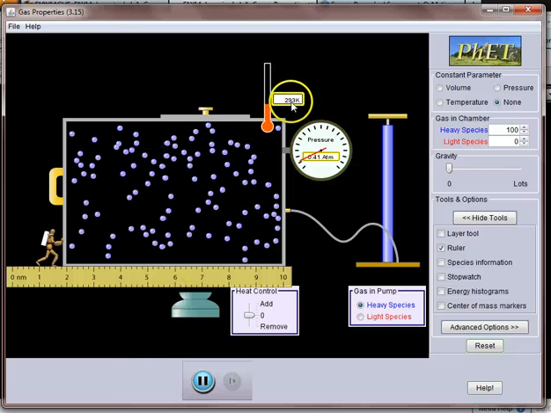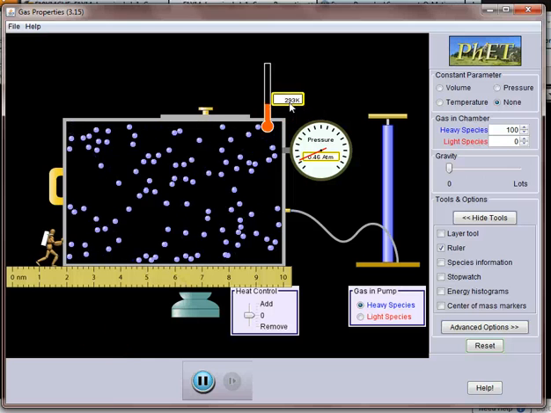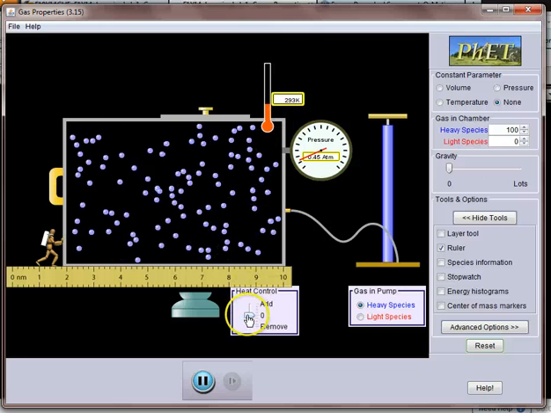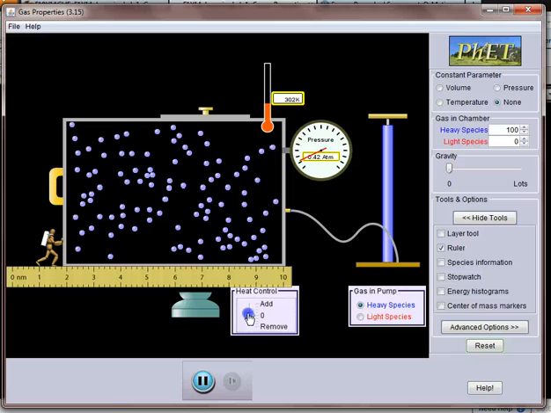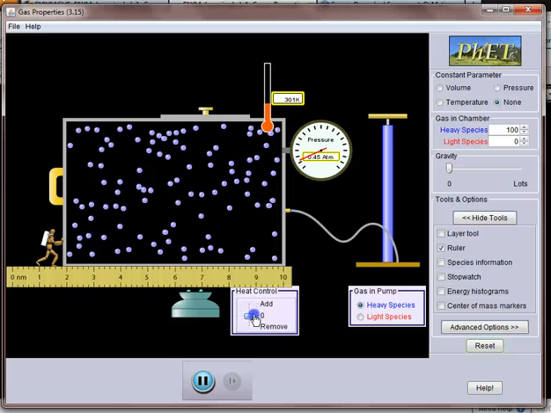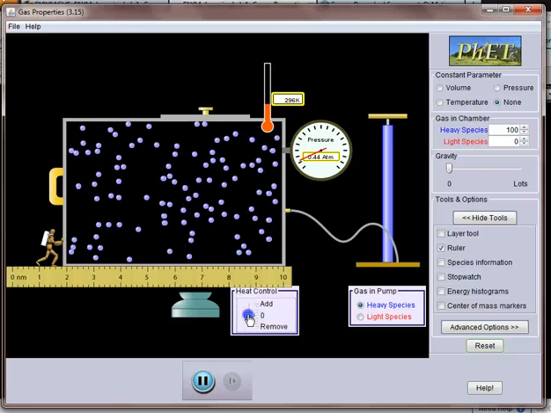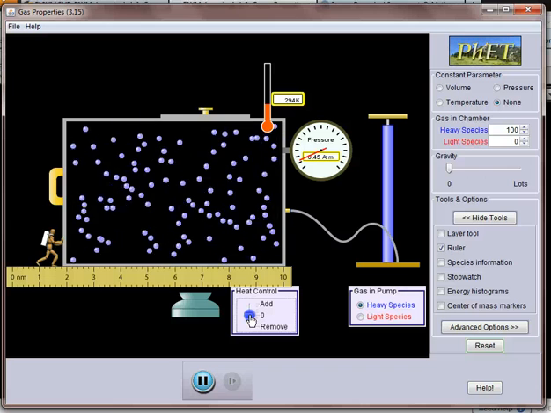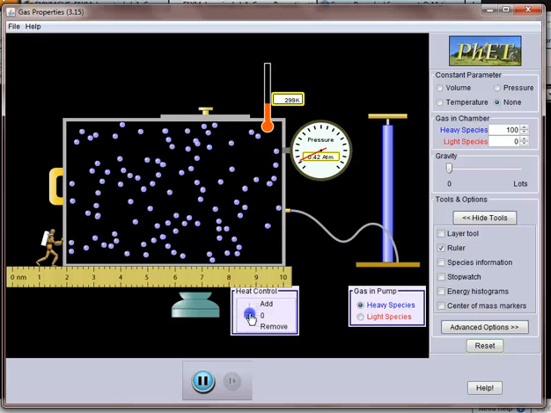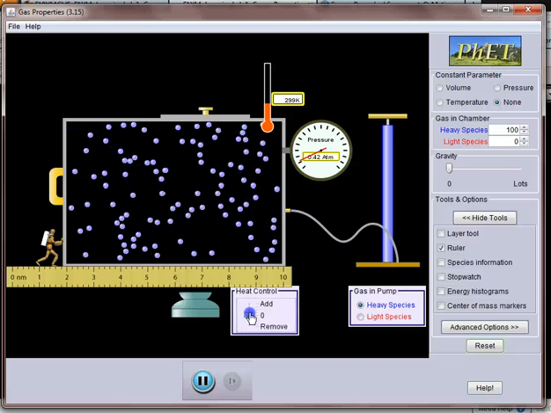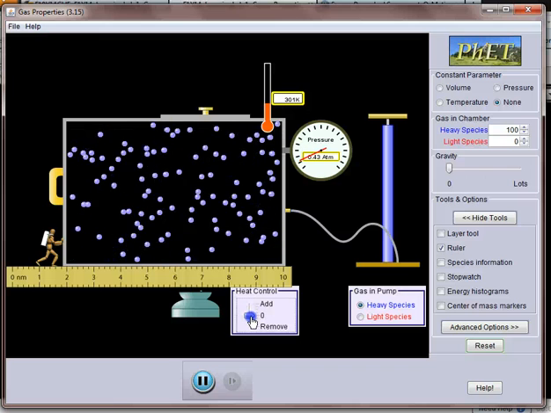You can see that the temperature also changed, correct? Temperature decreased. We need to adjust the temperature and make it 300, because we don't want temperature to change. Not right now, we're just setting up the experiment. We are not started yet, so we need the temperature to be 300 before the experiment begins. It's a little tricky to get it to 300.